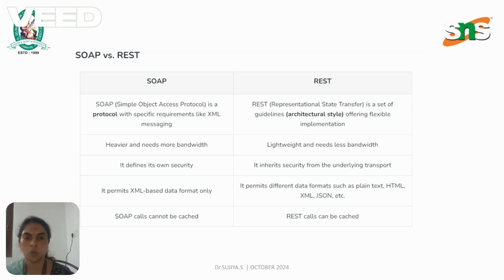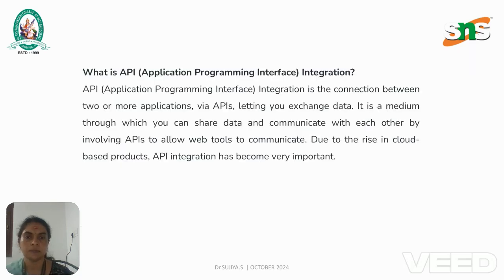SOAP defines its own security, whereas REST inherits security from the underlying transport. SOAP permits XML-based data formats only, whereas REST permits different data formats such as plain text, HTML, XML, and JSON. SOAP calls cannot be cached, and REST calls can be cached. So this is the difference between SOAP and REST.